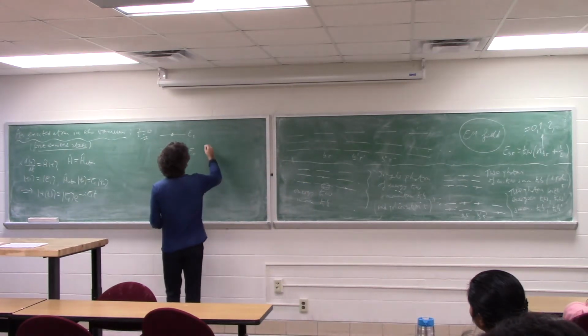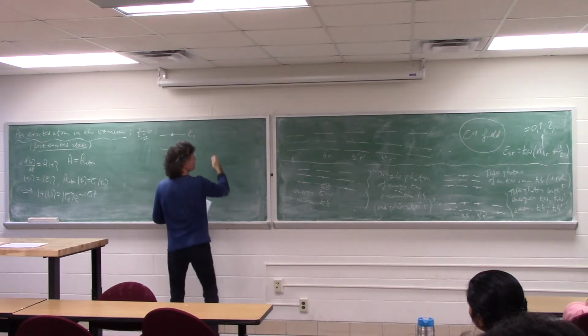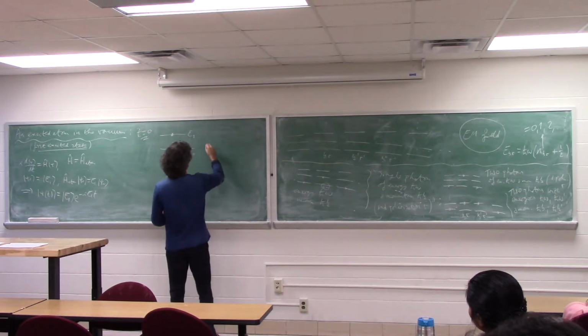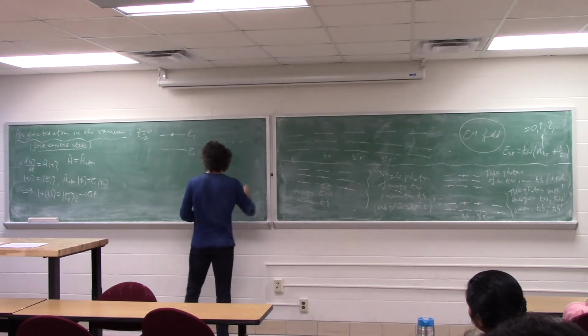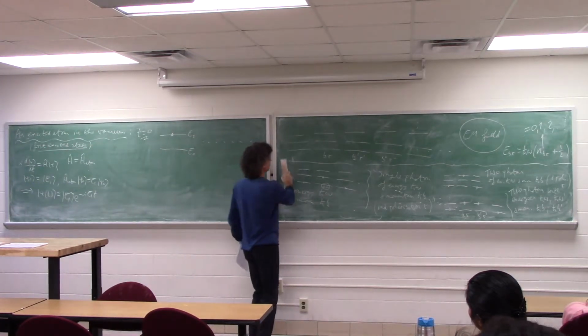Well, what really happens is that it's interacting with the electromagnetic field. In fact, I'll show you my masterly pedagogical skills: it is interacting with the electromagnetic field over here.